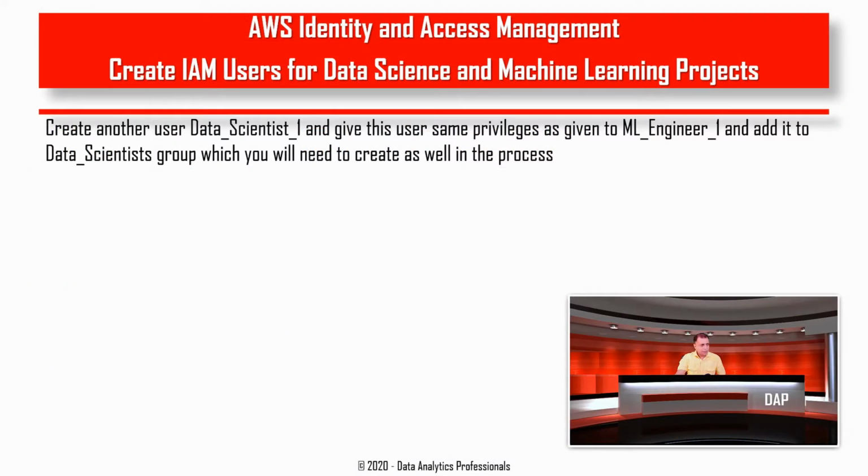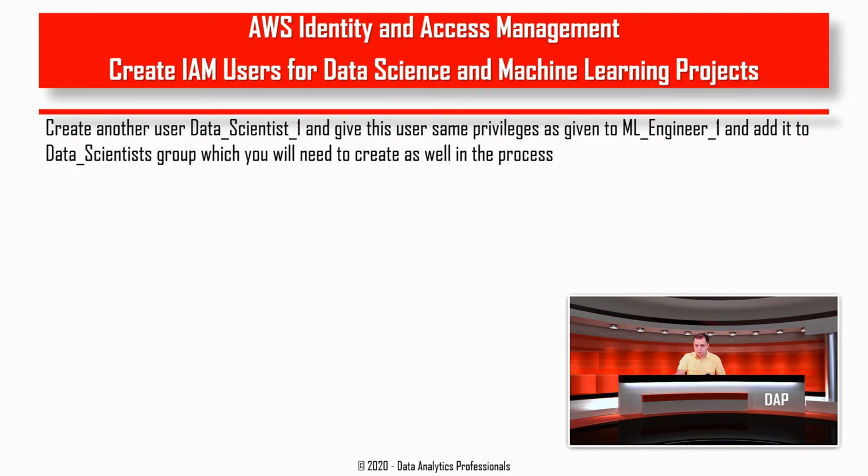Now here's a task which I suggested will be at the end of this lecture. I suggest you create another user named data_scientist_1, or data scientist underscore one, depending on how you would like to see the naming conventions.